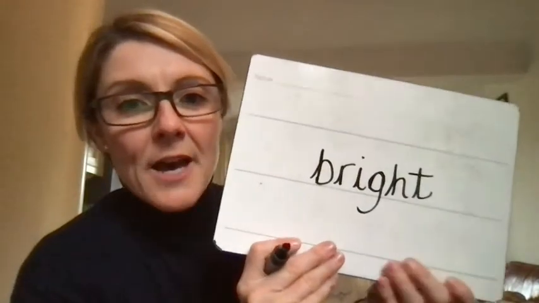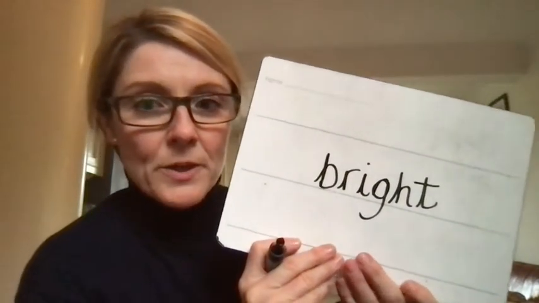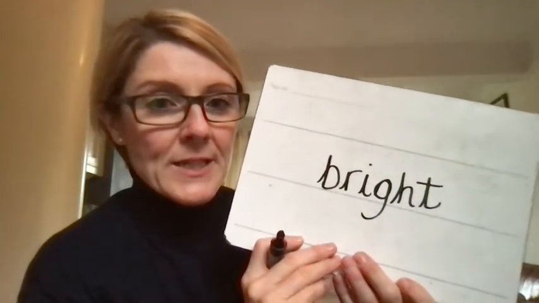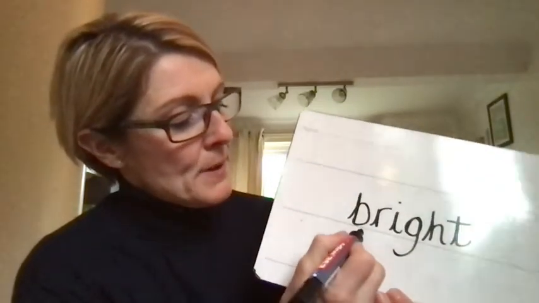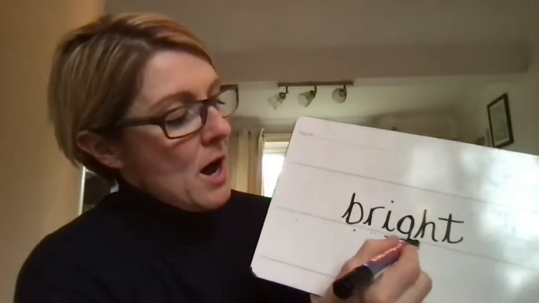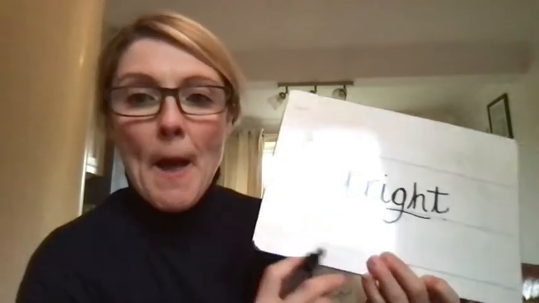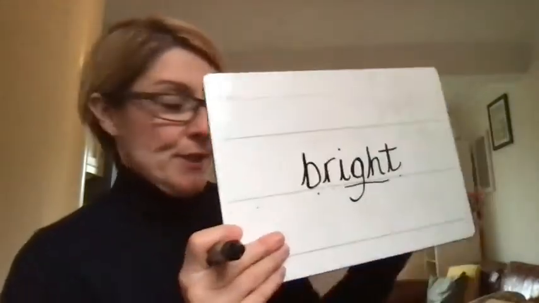Let's try the word. You ready for it? Ready. So where is the I sound in that word? Can you find it? Sound it out. B, r, i, t. Bright.